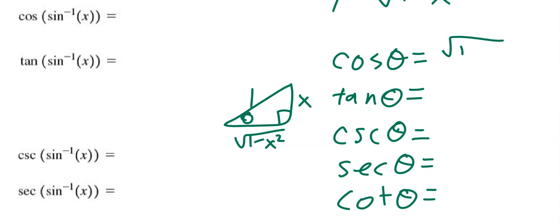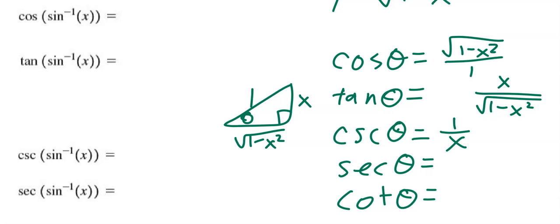Square root of 1 minus x squared all over 1. Now you know and I know that that's just the square root of 1 minus x squared, so if you decided to leave it alone and not divide by 1, it's okay. We know it's still there. But that's a good answer too. How about my tangent? X over the square root of 1 minus x squared. Okay, how about that cosecant? 1 over x.